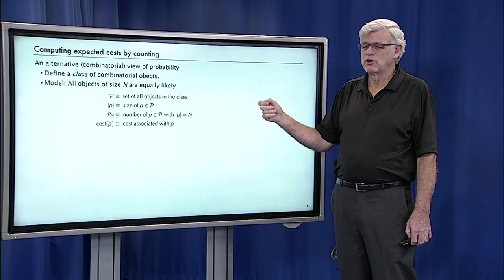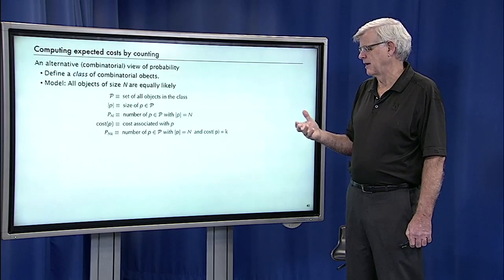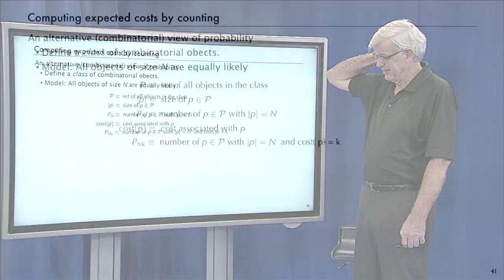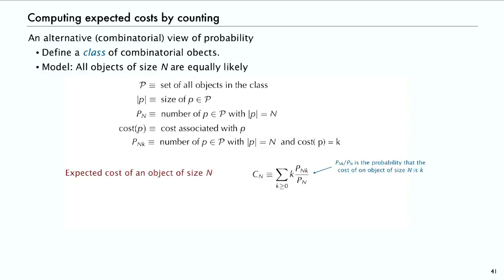But now let's say we also have a cost associated with each object. Then we're going to be interested in the number of objects that have a given size and a given cost. We want to know that so we can calculate the average value.